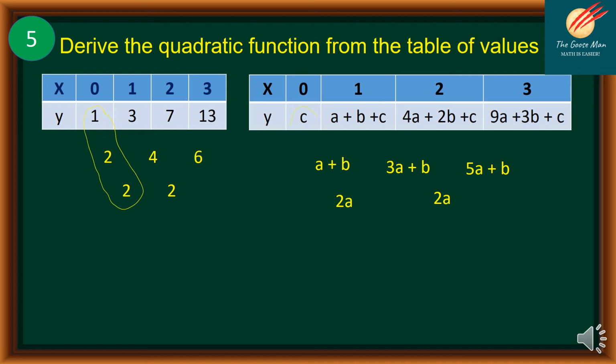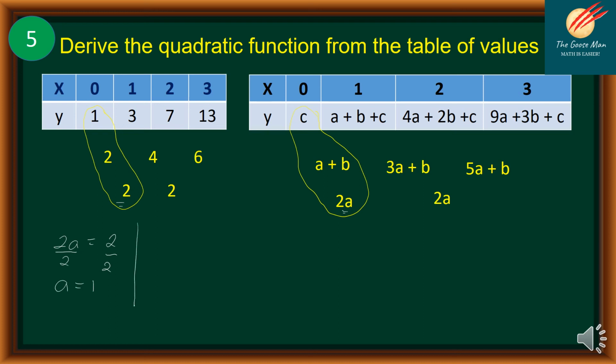We can use the analogy in order to get the values of a, b, and c. So we can say that 2a is the same as 2. So divide both sides of the equation by 2. So we can say that a is equal to 1.